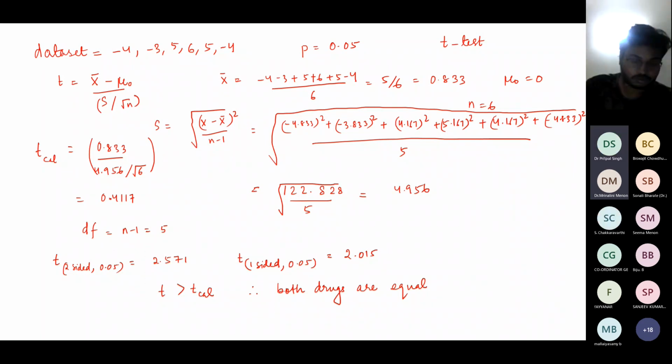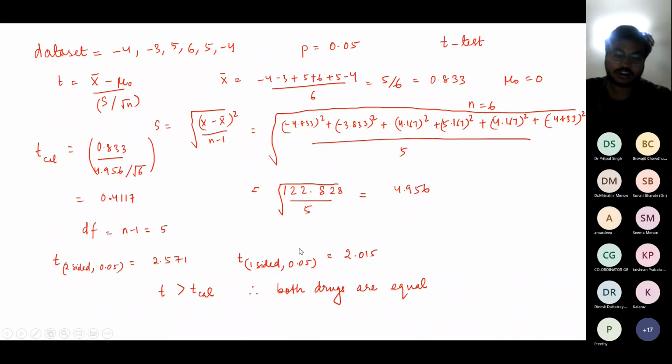Yeah, so that can happen sometimes. It will mostly happen that in a one-tail test you reject the null hypothesis, but you can't reject it in a two-tail test, because the t-value is borderline. So let's say we calculated a t-value of 2.3 or something. In this case, we would have accepted the null hypothesis here and rejected it here.